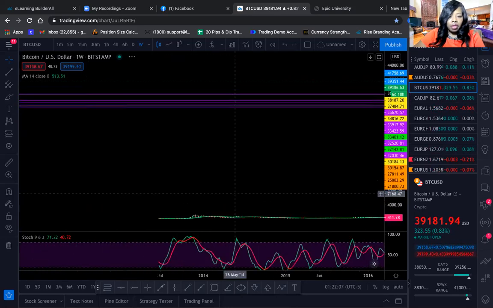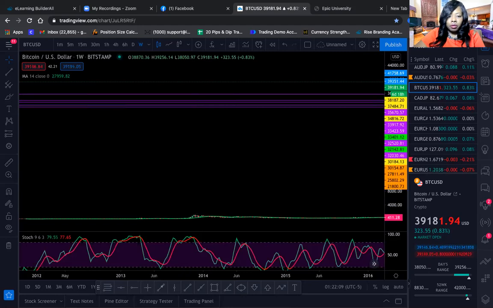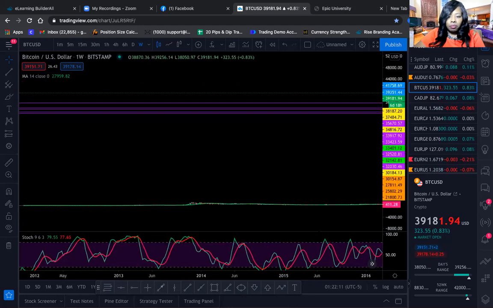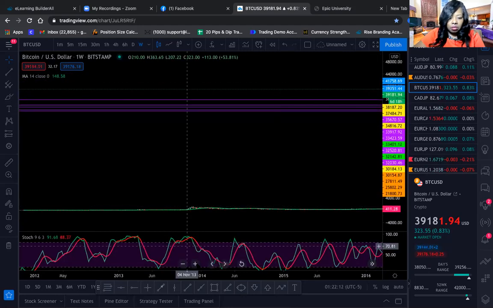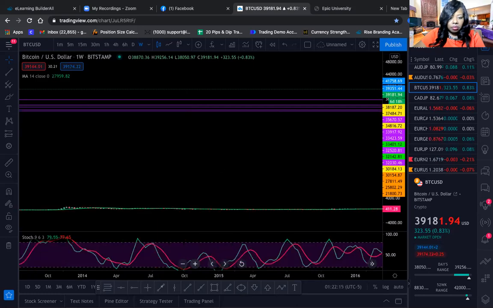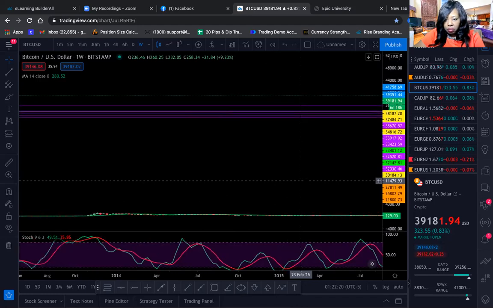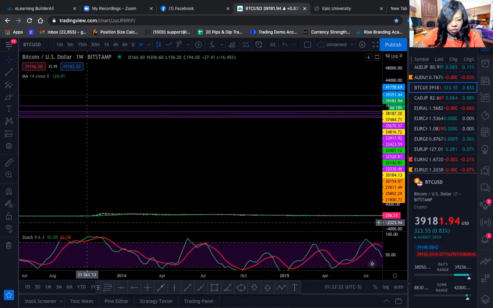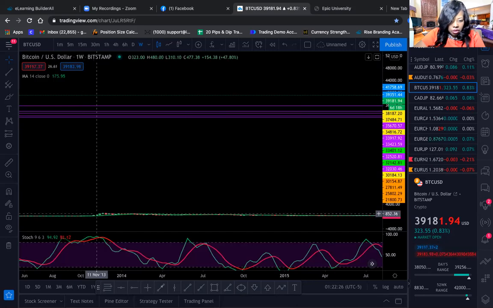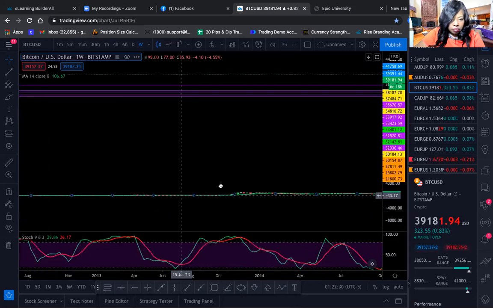Look how little action is happening with Bitcoin here. I can't even make these candles bigger. No, it just expands out. So Bitcoin, back here, Bitcoin was just getting started. This is, wow.